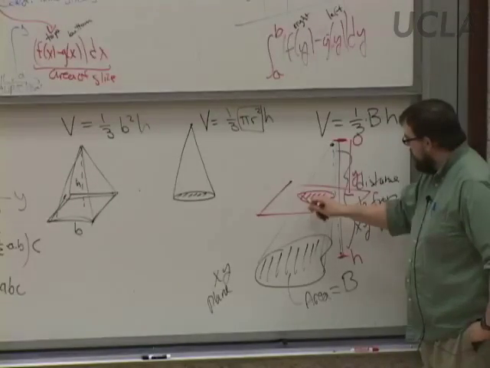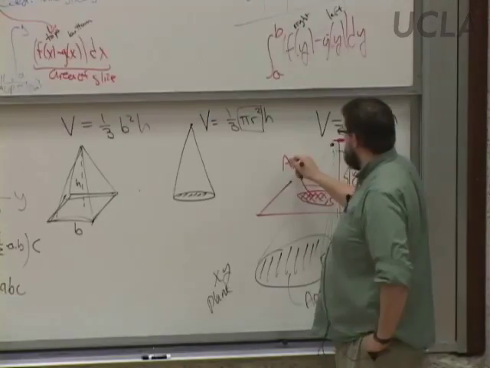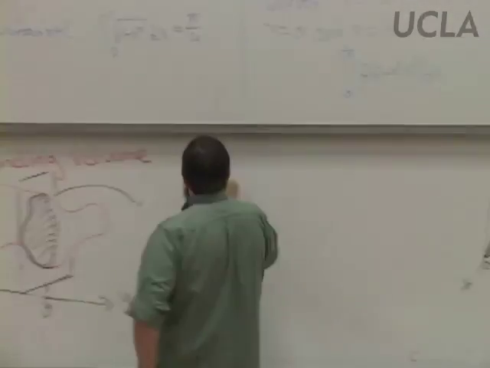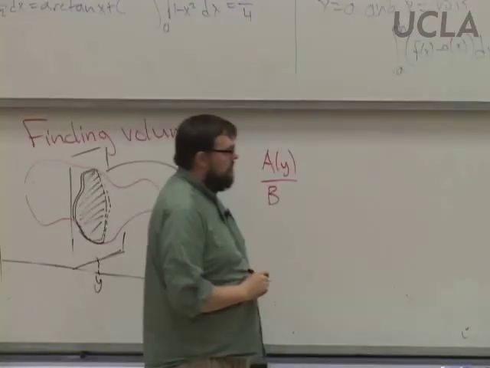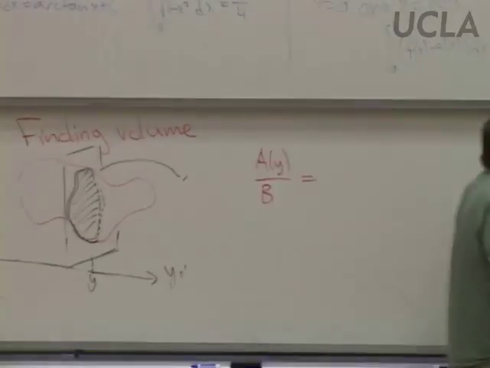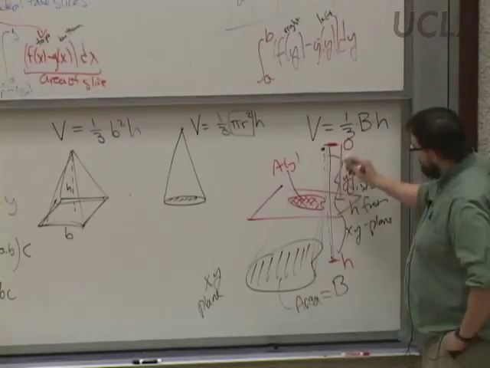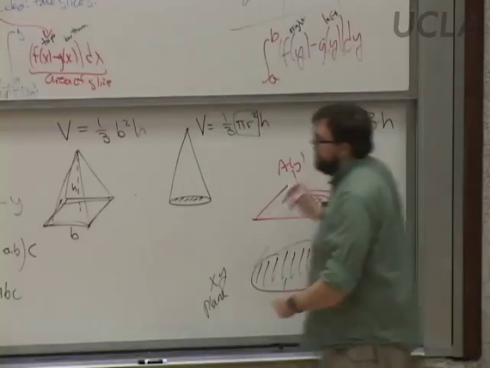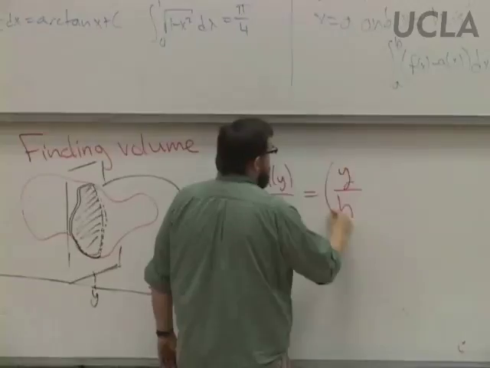Well, how do we find the area? Let's say A of y is the area of that cross section. Then the area at height y divided by the area of the base is equal to the ratio of the y length, which is how high I go to take my slice, divided by the h length, quantity squared.